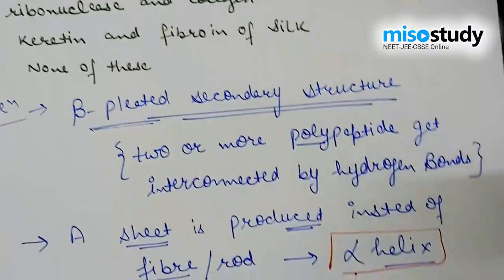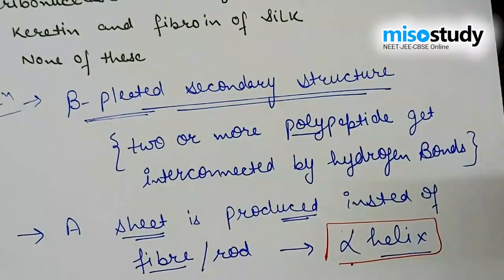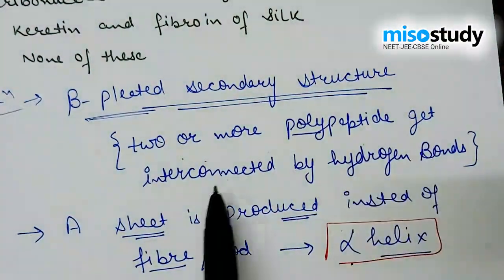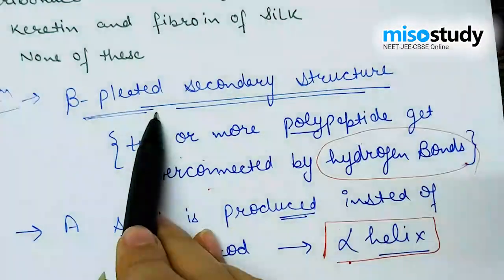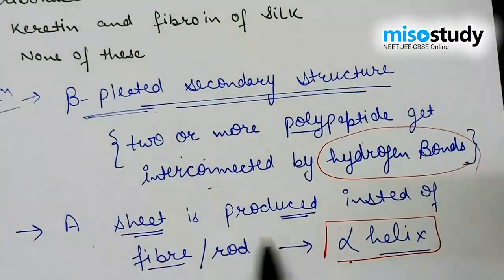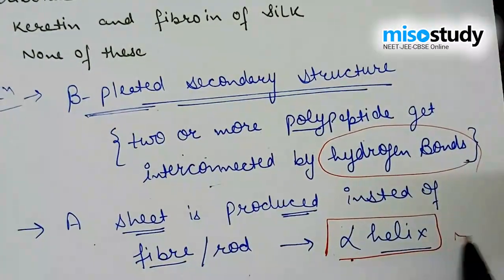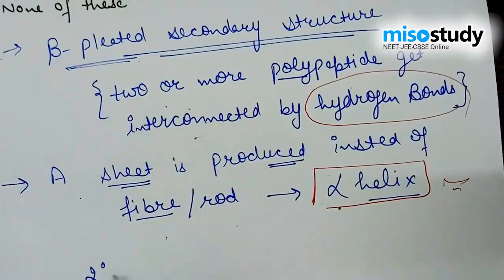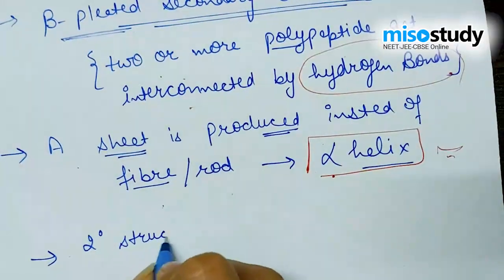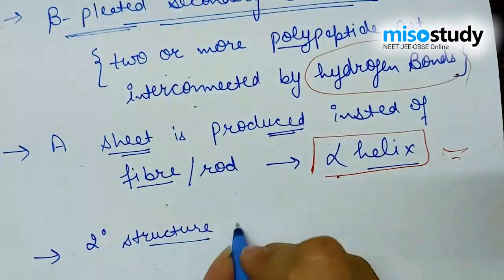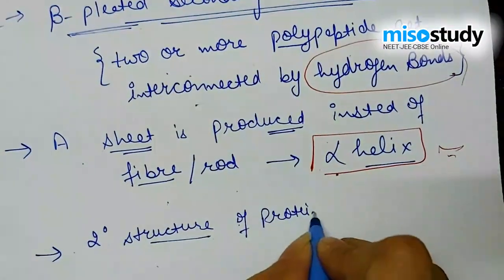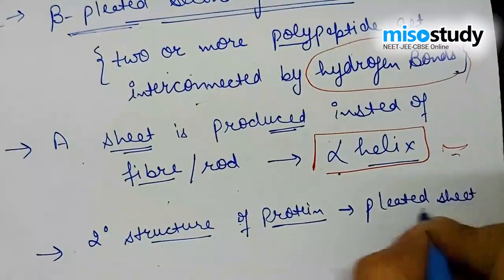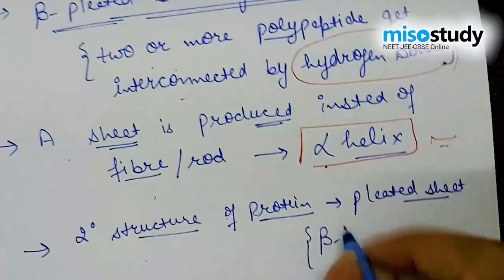First is the alpha helix, next is the beta-pleated sheet, and then there are the tertiary and quaternary structures. In beta-pleated structure, two or more polypeptides are interconnected by hydrogen bonds and form a plate-like structure, whereas the alpha helix is a fiber or rod. The secondary structure of protein is also written as pleated sheet or beta-pleated sheet.